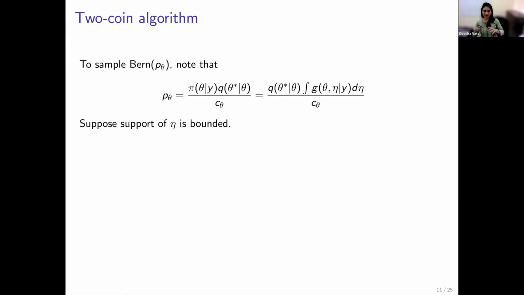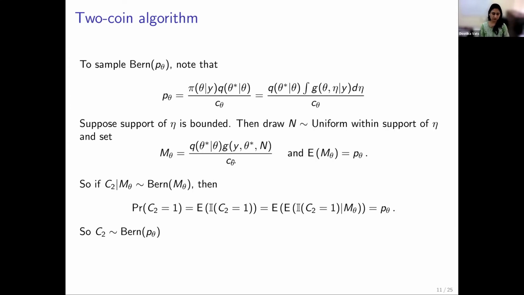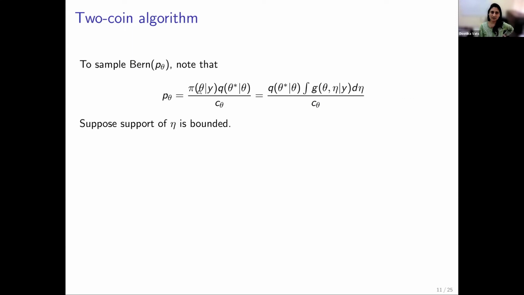To do that, we have to look at the particular form of pi. And if our pi is of the form presented before, then p theta is pi times q divided by c. Now pi is nothing but the integral with respect to the nuisance parameter eta of some g. Although we don't need eta to be in a bounded space, let's just assume it is. Then I can actually estimate p theta unbiasedly by one simple Monte Carlo estimate.